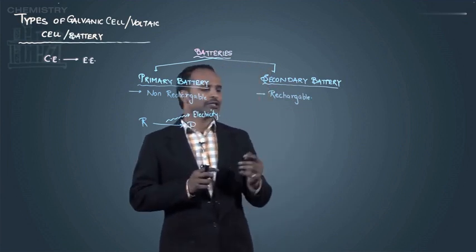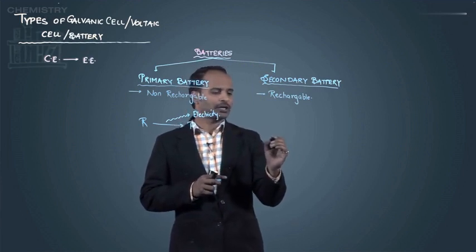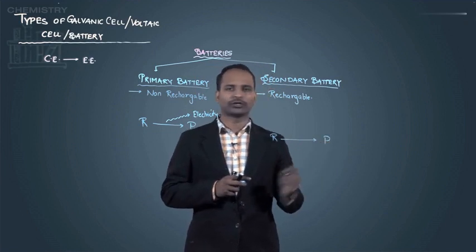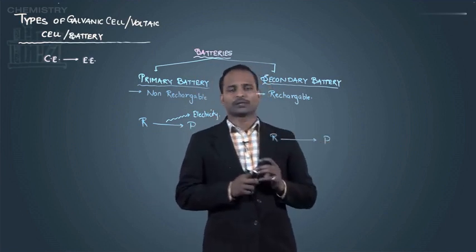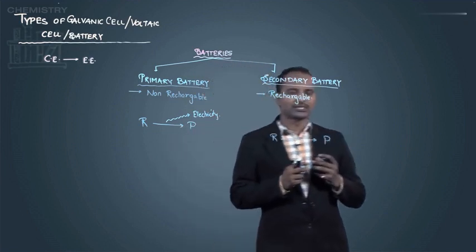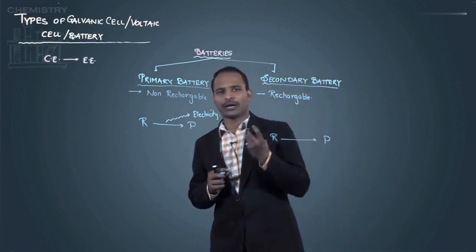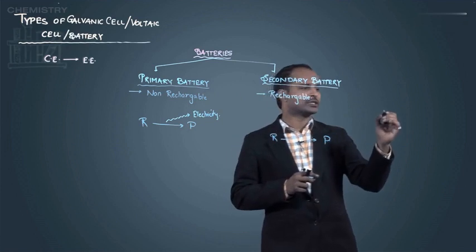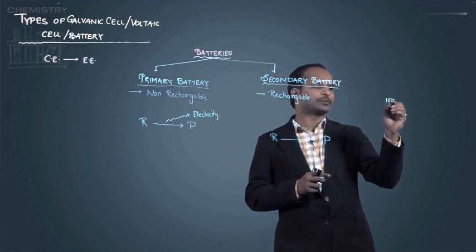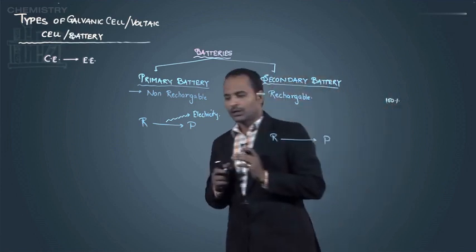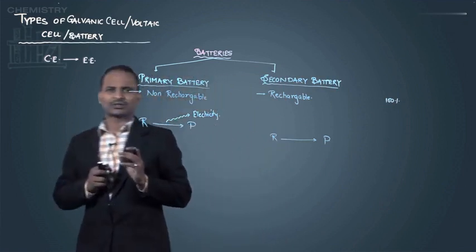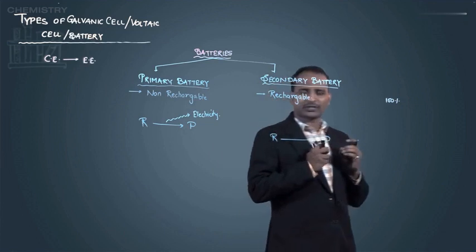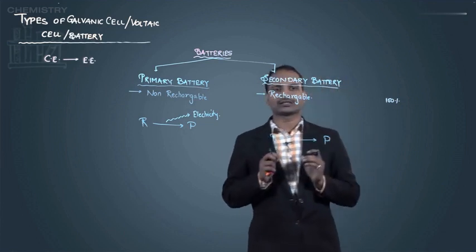So what happens in case of secondary batteries? Suppose I have a reactant, and after the reaction it gets converted into product. Suppose I'm considering the battery which we use in a mobile. In the beginning the mobile battery is at 100%. 100% means the reaction has not started, or approximately all the reactants are present.